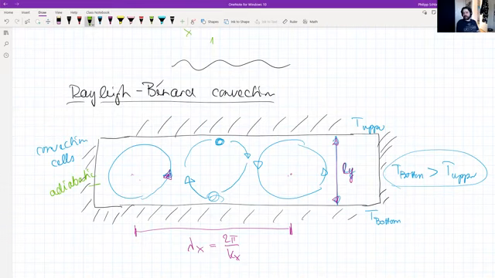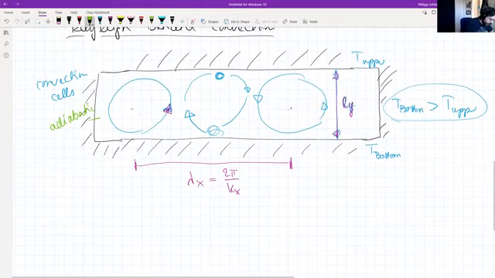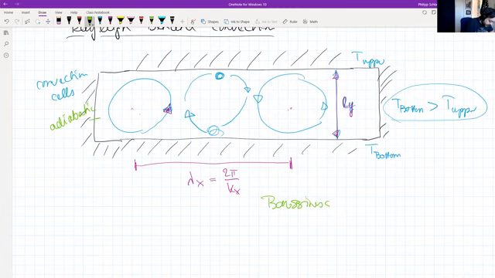And this can be approximated with something that is called the Boussinesq approximation. That's one way of implementing into the equations the effect of buoyancy in a straightforward way.